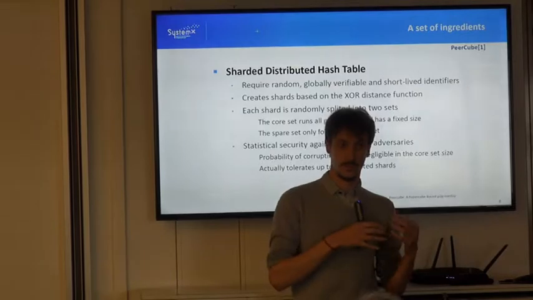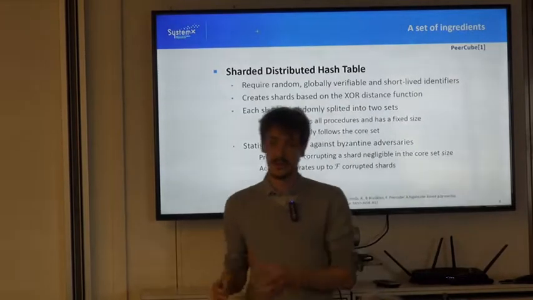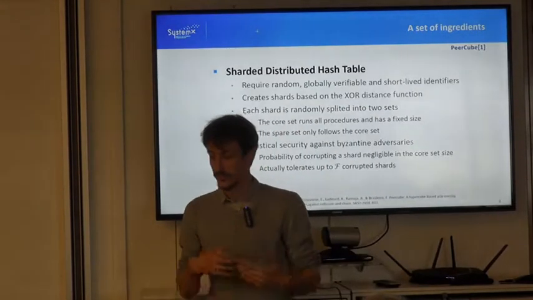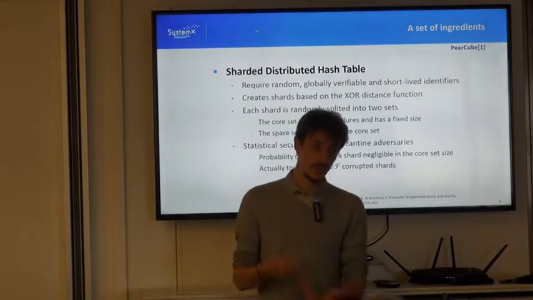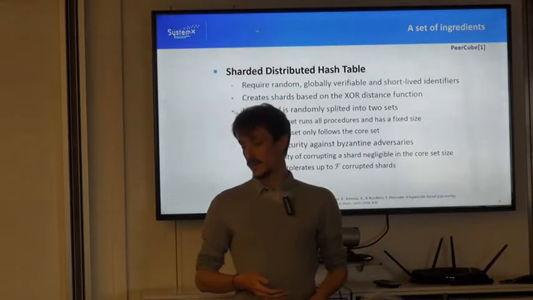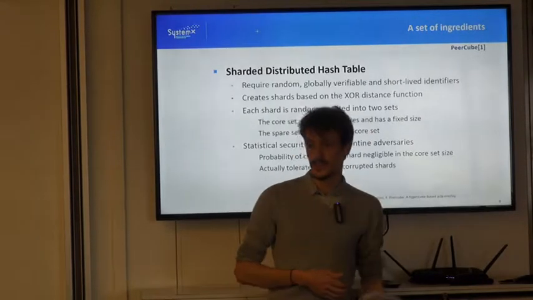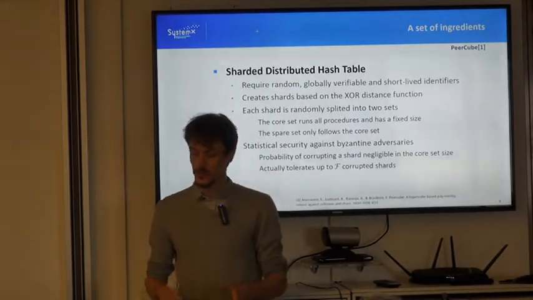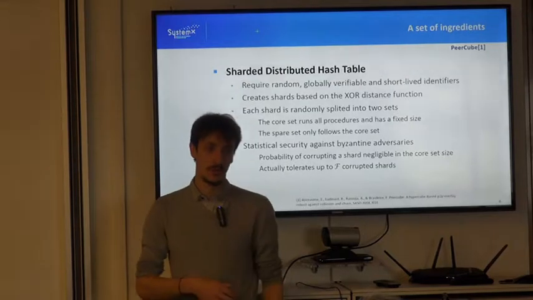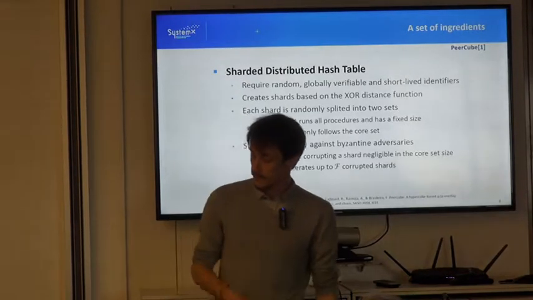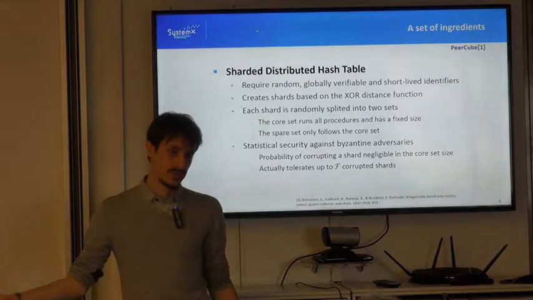So we can parameterize the core size with the security parameter to ensure that shards are not corrupt. And to not increase too much the size of the core set, we actually tolerate a few corrupt shards up to F, which is a parameter.